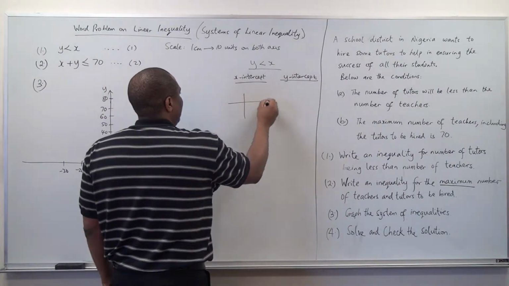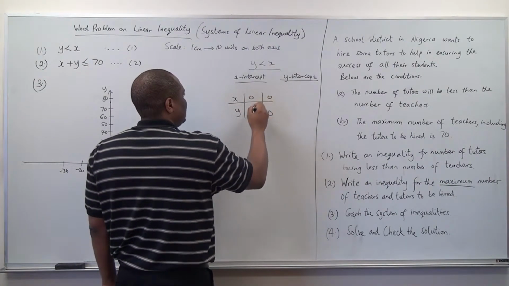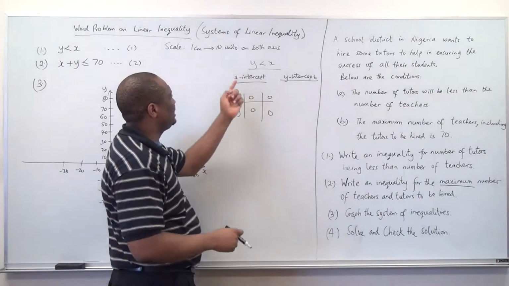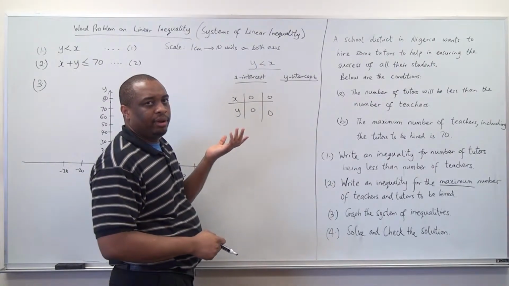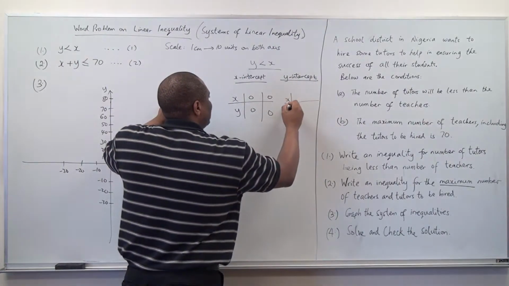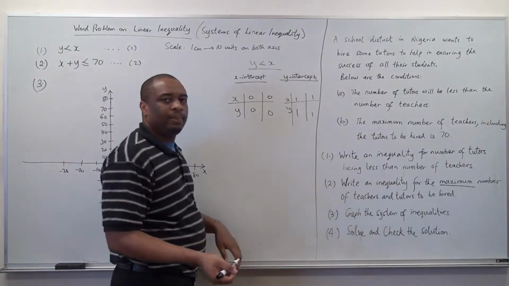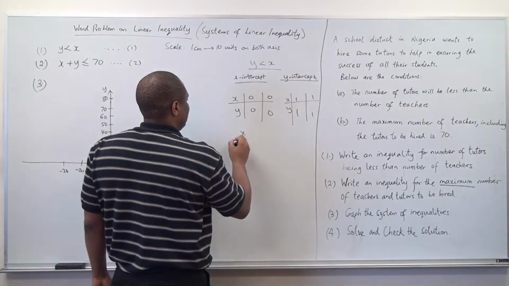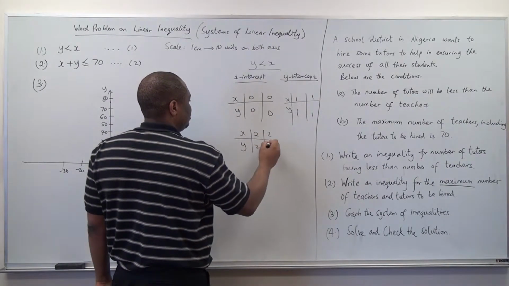When x is 0, y is 0. When y is 0, x is 0. Right? And even when x is 1 and y is 1, you still get 1, 1. When x is 2 and y is 2, you still get 2, 2.